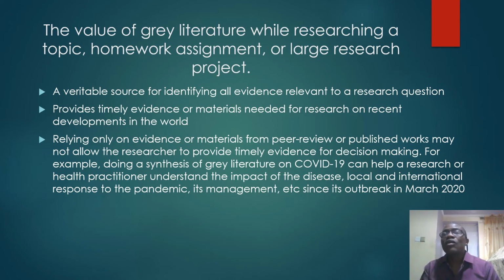For instance, if you want to do a quick study on COVID-19, what has happened between March 2020 and now, you can rely on grey literature to get an abundance of evidence of what has happened regarding the pandemic since March 2020. There is a lot that has been written on international response, various countries' response to the pandemic.